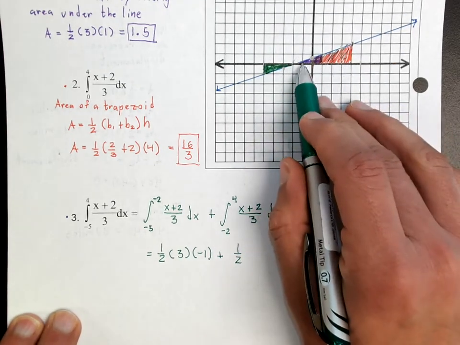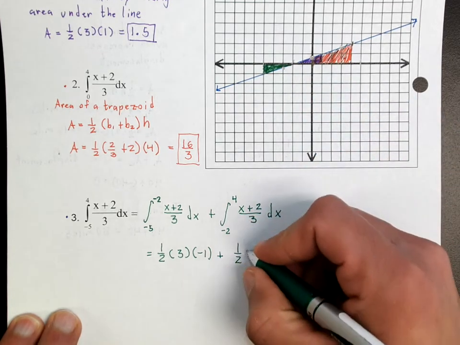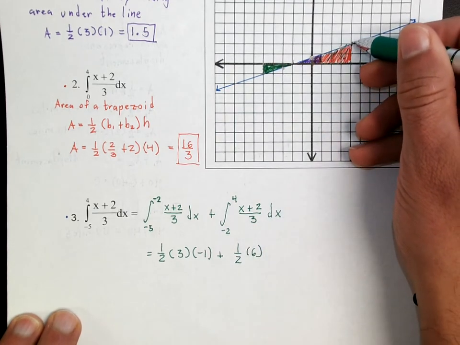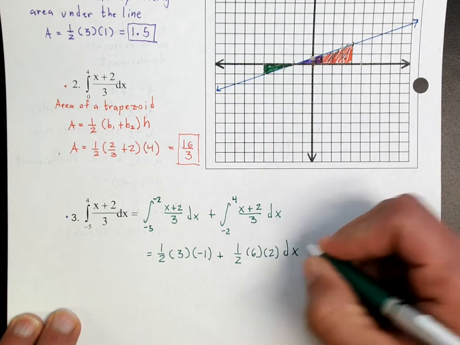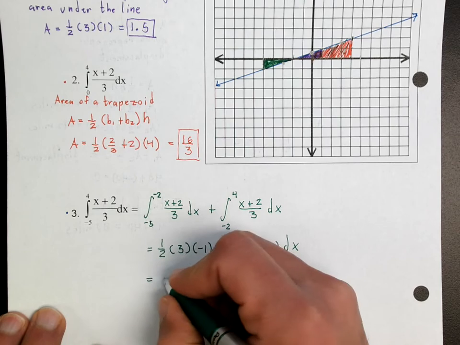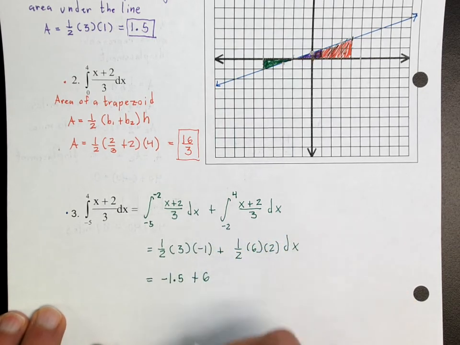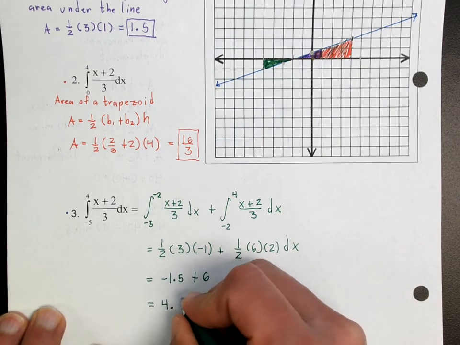So notice that the base is 1, 2, 3, 4, 5, 6. And the height is going to be 1, 2. Okay, so the height is going to be 2 on this one. So the final answer on this one is just going to be -1.5 plus 6. Okay, and that's going to be equal to 4.5.